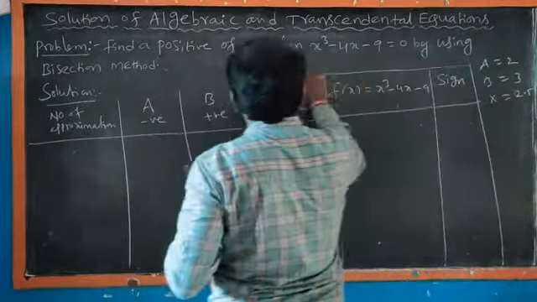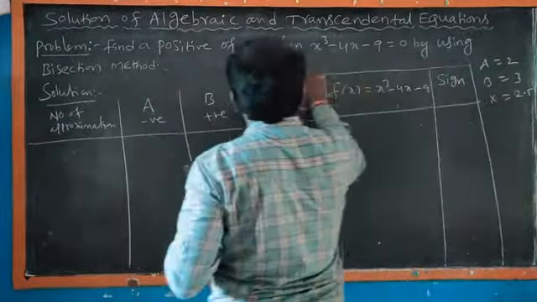Now substitute x value 2.5 in f of x, right? Now this is the formula of the bisection method, and go back. This is the equation. Now put x equal to 2.5 in this equation. That equals minus 3.375.